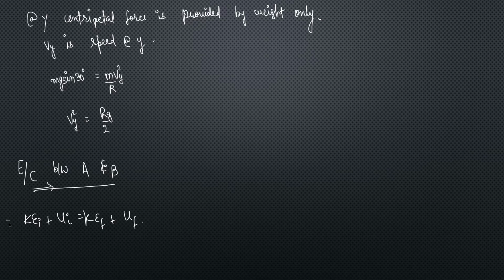That's what energy conservation is. So we have half m v naught square plus the initial potential energy, which is 0, equal to the final kinetic energy, half m vy square, plus the potential energy mgh, because it has a height small h.